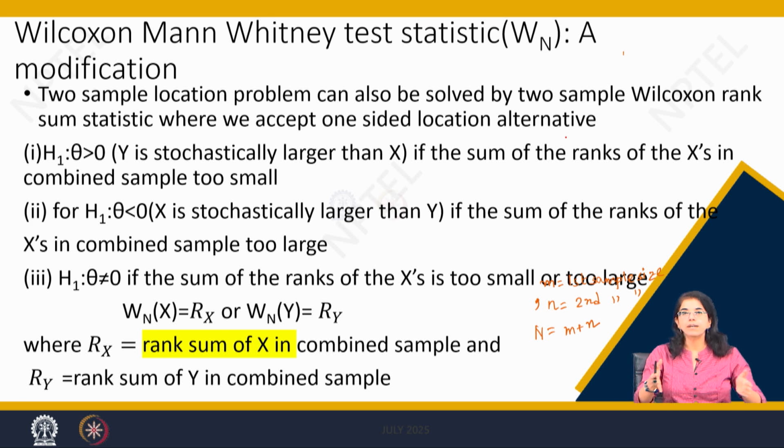Therefore, when you are ranking all the observations in the combined sample, what would you expect? You expect that the sum of the ranks of X's in the combined sample will be smaller, right? On the contrary, if you try to test the alternative hypothesis that X is stochastically larger than Y, just the opposite, then the sum of the ranks of the X in the combined sample will be too large.